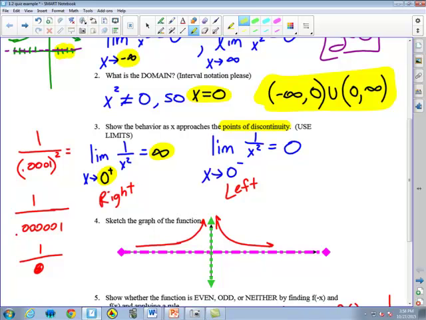And the same idea applies when you approach 0 from the left. Because we're squaring the number, basically the same thing happens. It looks just like this information over here. We basically end up with 1 divided by almost 0, which is infinity.